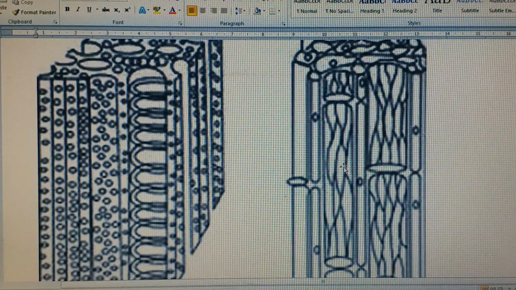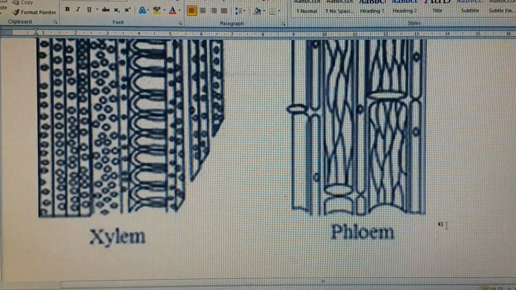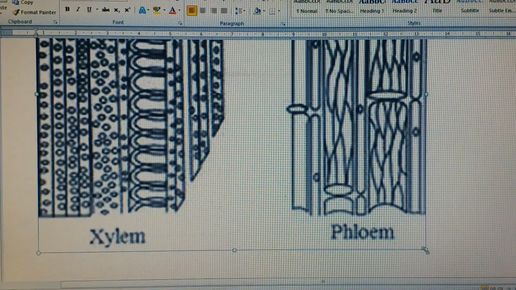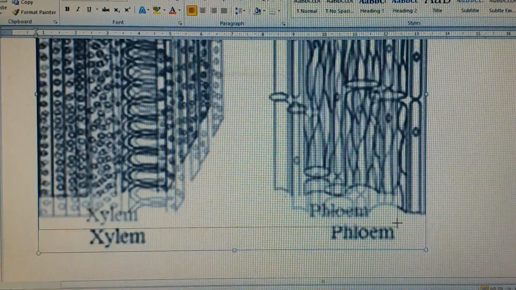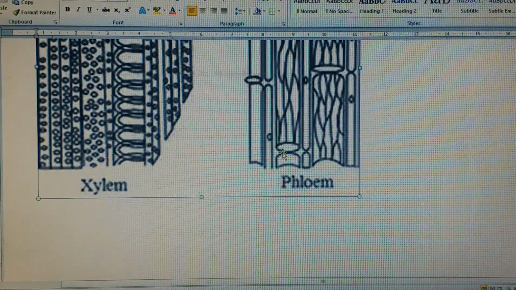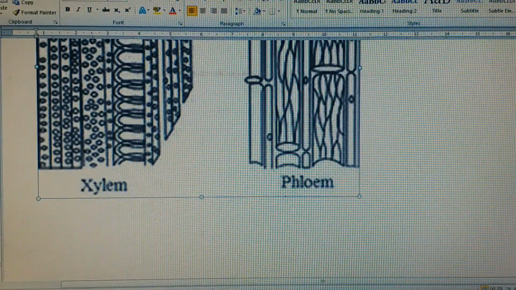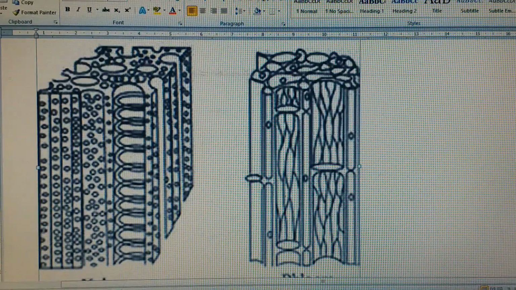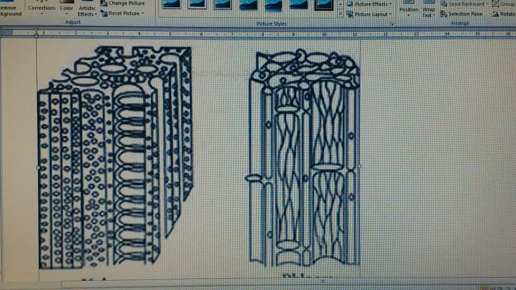This is xylem. I have shown you this structure before. As I told you, the xylem is made up of various types of cells: tracheids, trachea, the xylem parenchyma and the xylem fibers.